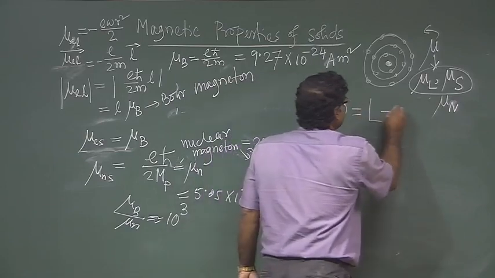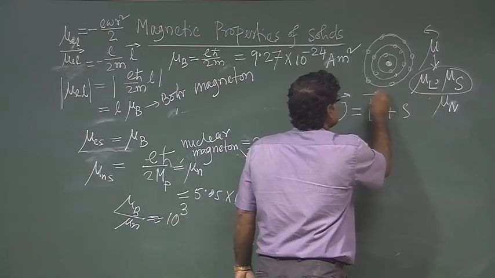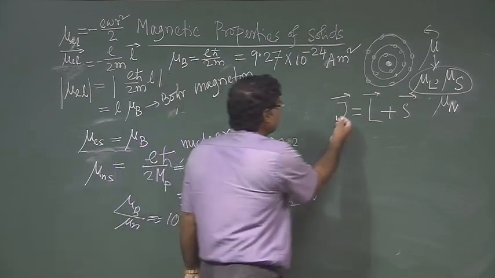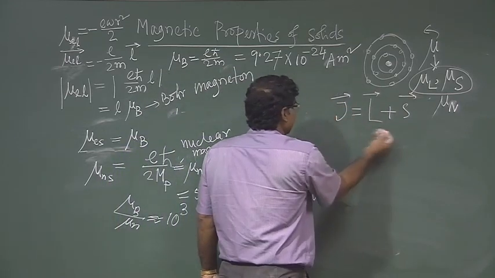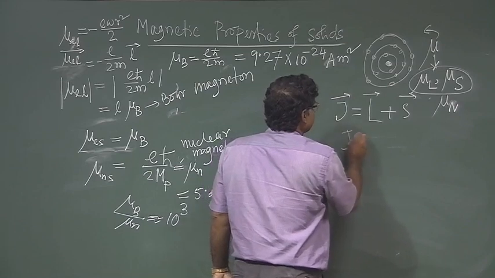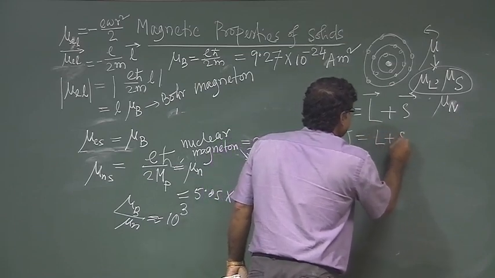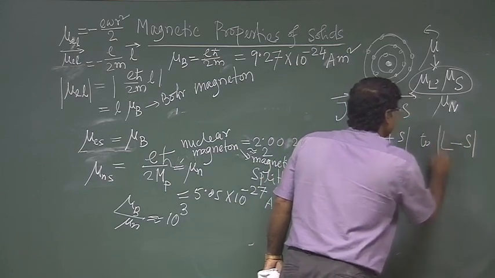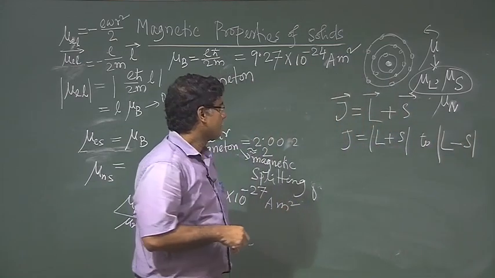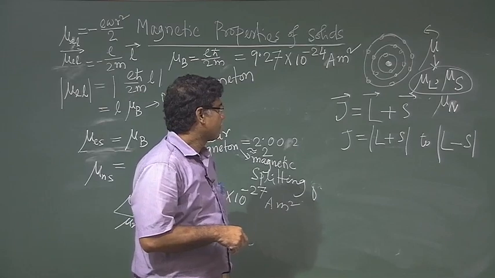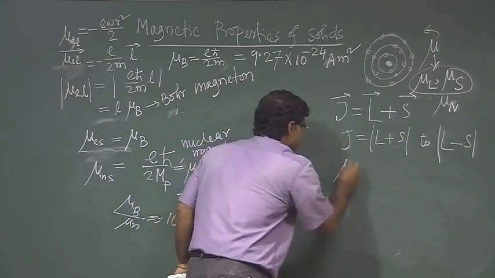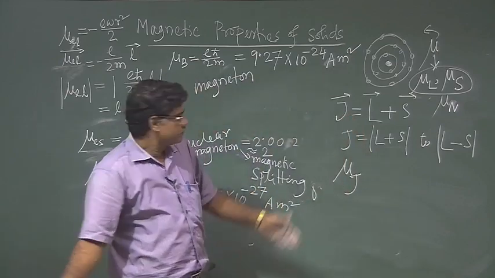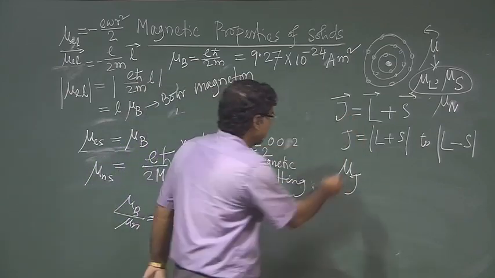So j equals L plus S, and a vectorial sum one has to take. So j can take values from L plus S to L minus S. And you will get mu j for this total angular momentum in the same way.